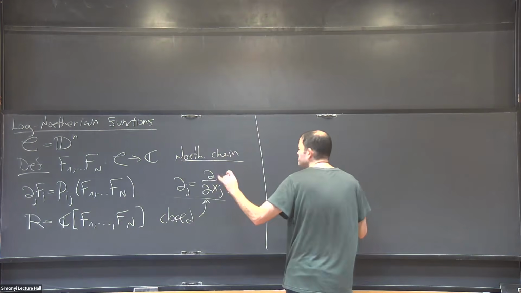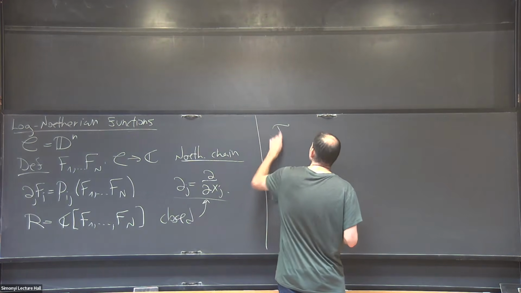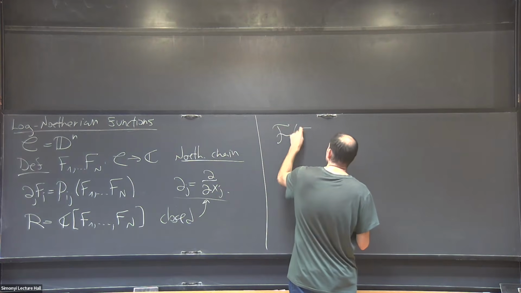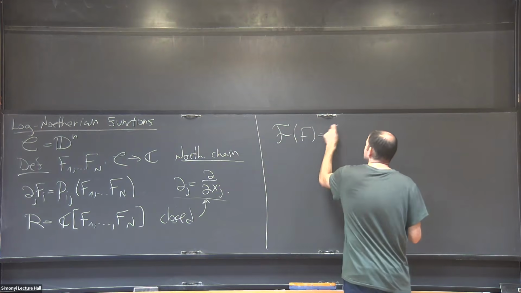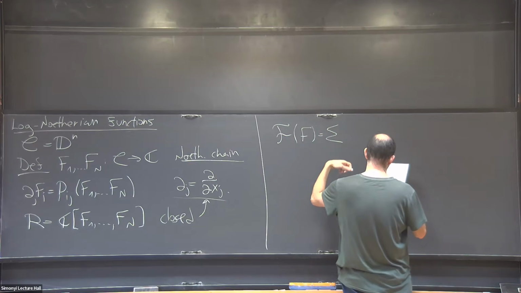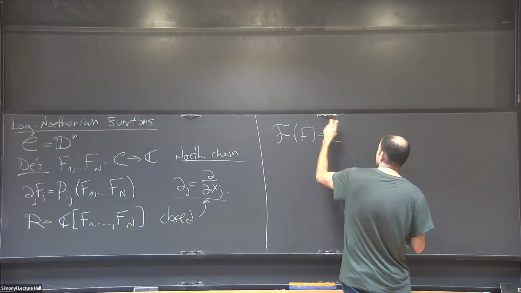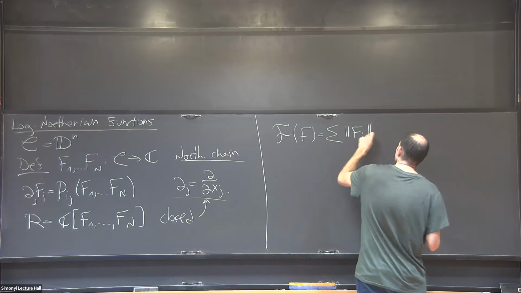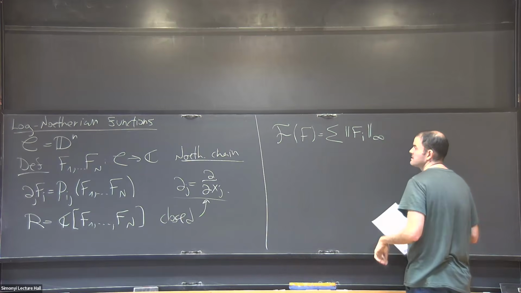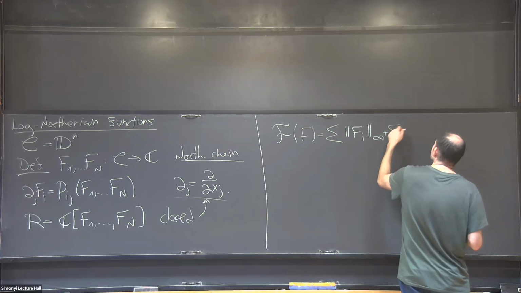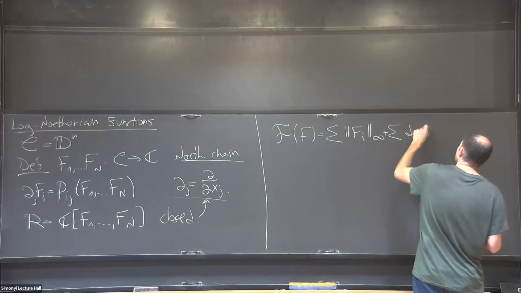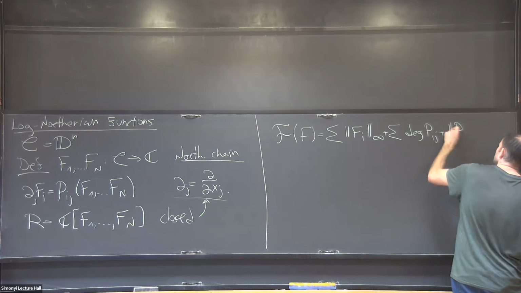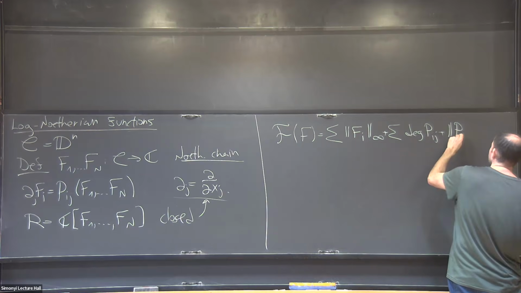I don't want to get too technical, but let's say the format of this chain is the sum of the maximum norms of these fi's, plus the sum of the degrees of the Pij's and the L2 norms of all these polynomials.